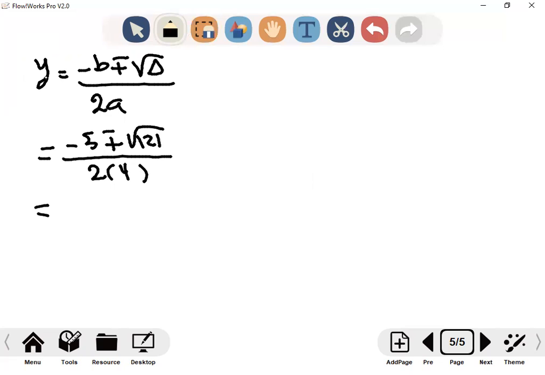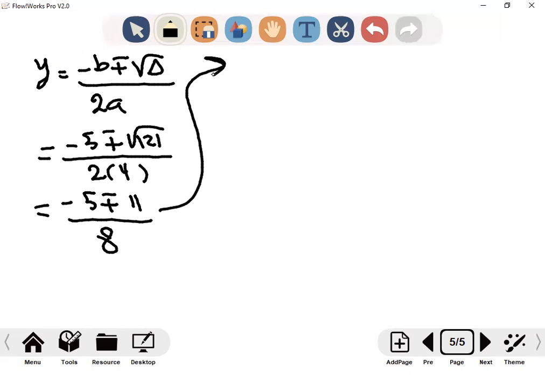Okay. Now apply: the square root of 121 is 11, because 11 times 11 is 121. So here negative 5 plus minus 11 over what? 8, right? Now I have how many solutions? 2 solutions for x or y? For y.